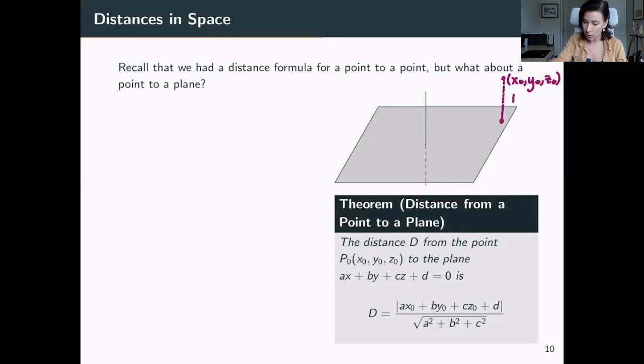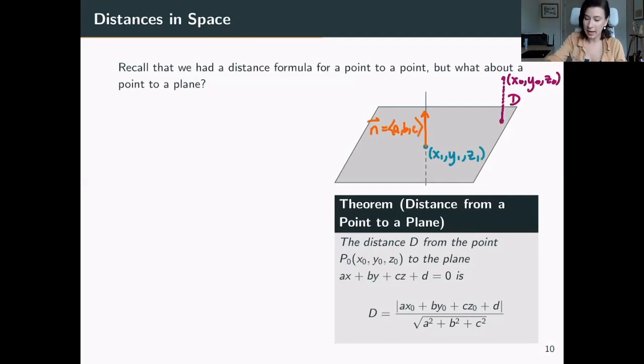So let's call this distance d. If I have a second point on the plane, let's call that point x1, y1, z1, I also have the normal vector that comes from that point, n, which is equal to a, b, c.